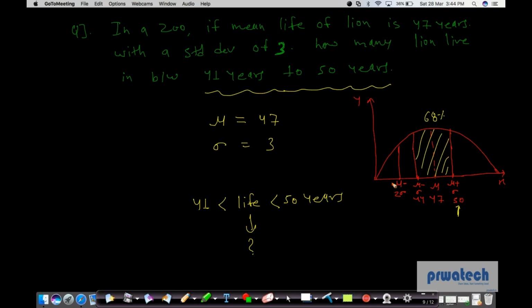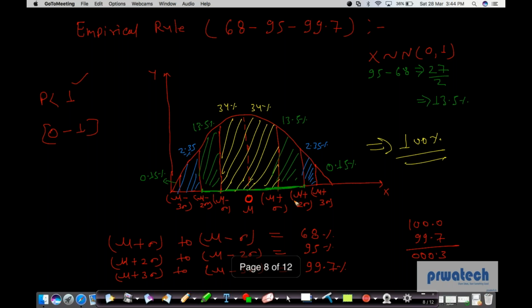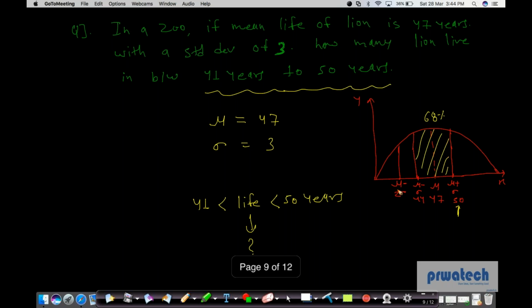If you go 2 standard deviations above the mean and 2 standard deviations below the mean, then this area is 95%. So I'm not counting this side, I'm just counting this side.